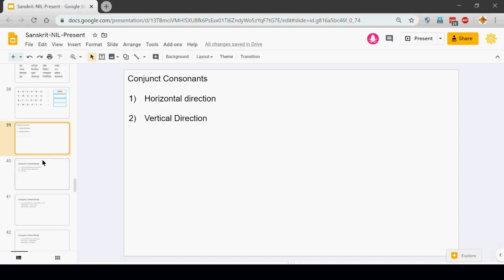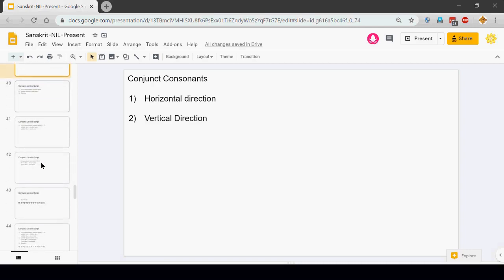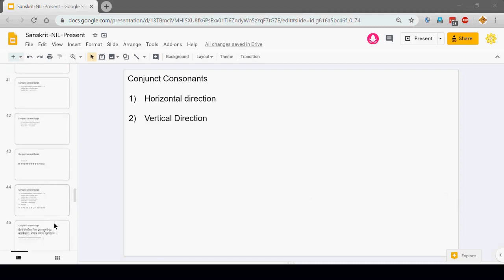So first follow the horizontal direction and then follow the vertical direction. That is a common pattern that we find in Devanagari conjunct script. So we'll see some examples today in the words.